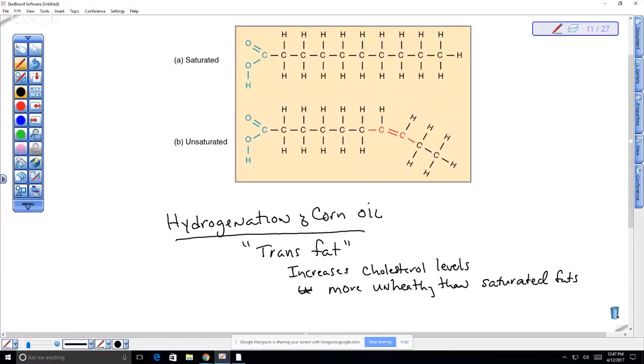So even though the butter is saturated, it is not a trans fat. So it's going to not affect cholesterol levels as much as trans fats are. So that's why they were having this big controversy over whether or not we should ban trans fats in our diet just to keep people healthier so that we don't have to pay for cardiovascular diseases that lead to stroke and heart attacks.